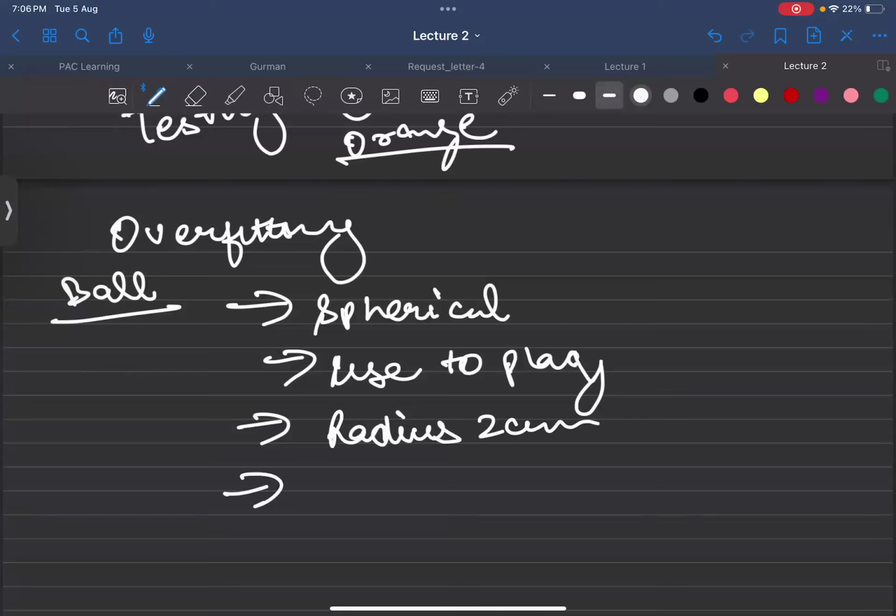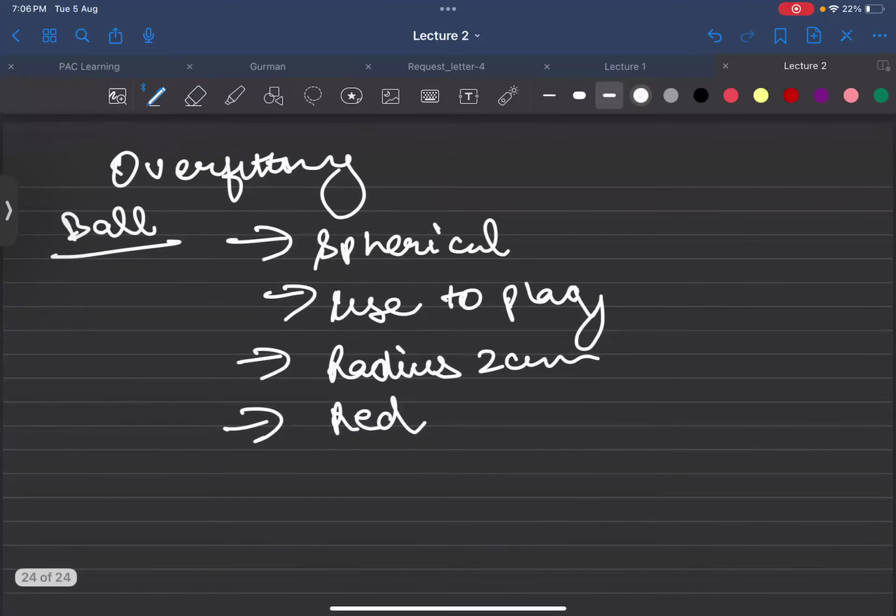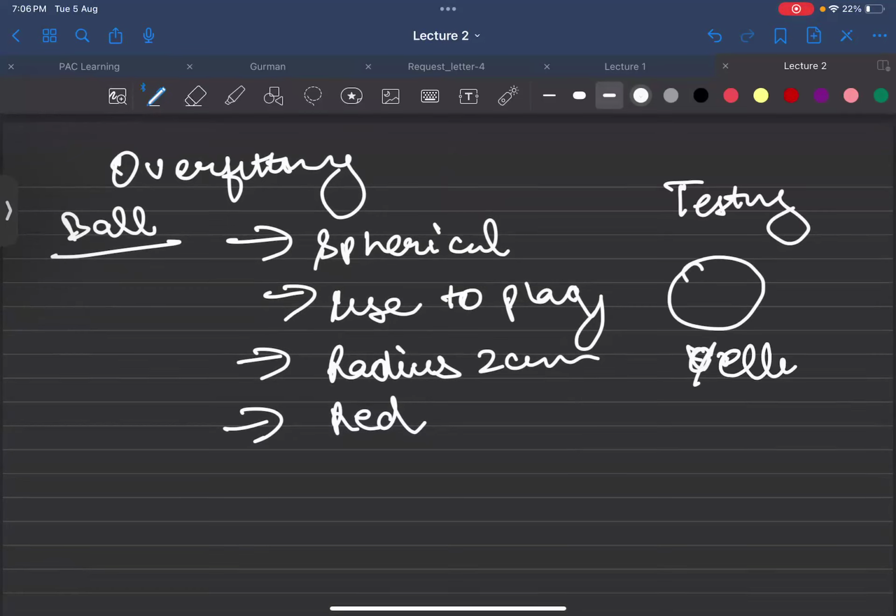I'm giving another feature: it's red in color. When I'm checking another ball, it's red in color. I'm trying to fit each and every feature here. Now when in the testing data set I see a ball which is orange or yellow in color, I'll say no, it's not a ball, because there were so many features, it was trying to cover everything. That's overfitting, in easy words.